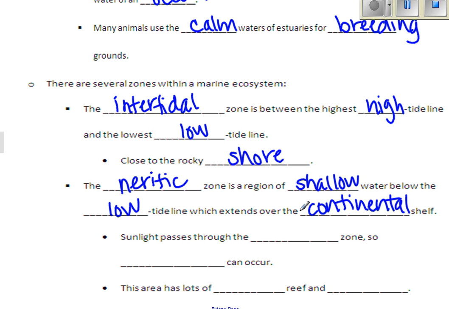Now, the sunlight is able to still pass through the neritic zone, so photosynthesis can occur. So it's not that deep yet, but it will seem deep to you. Okay? Like if you were just walking out in the ocean, it would be a big drop off where you couldn't touch anymore. So sunlight passes through the neritic zone so that photosynthesis can occur.